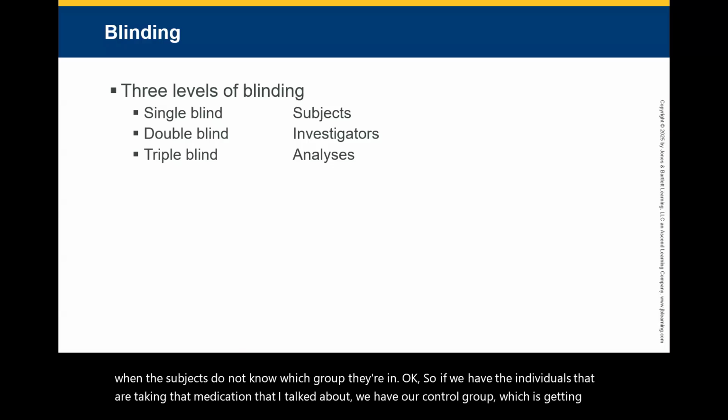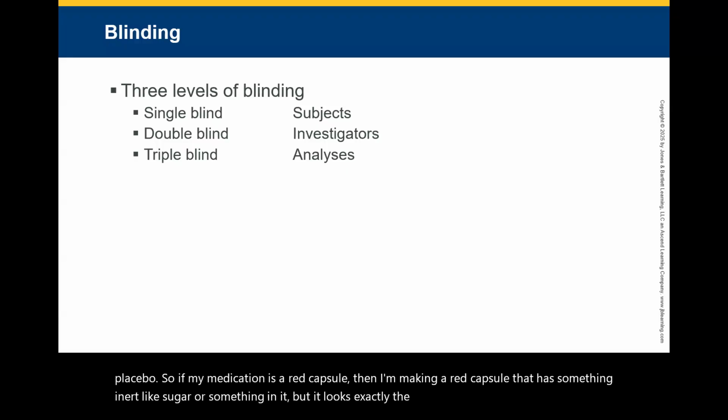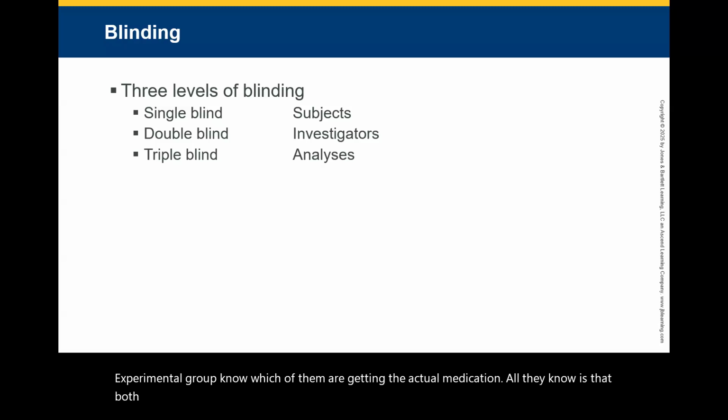So if my medication is a red capsule, then I'm making a red capsule that has something inert like sugar in it, but it looks exactly the same. So neither the people in the control group or the experimental group know which of them are getting the actual medication. All they know is that both of them are getting a red pill. Okay, so that's single blinding. Blinding the subjects so they don't know what group they're in.